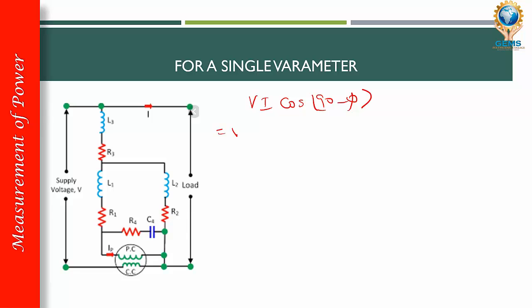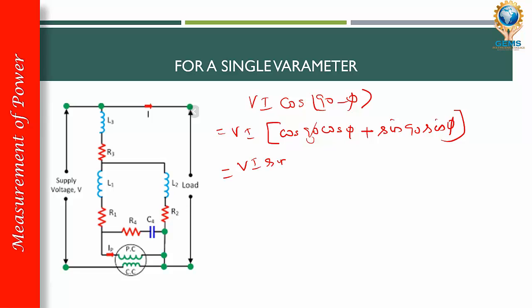On substitution, we get cos 90 cos phi plus sin 90 sin phi. The first term becomes 0, so it is equal to VI sin phi. This is the reactive power for a single phase varmeter.